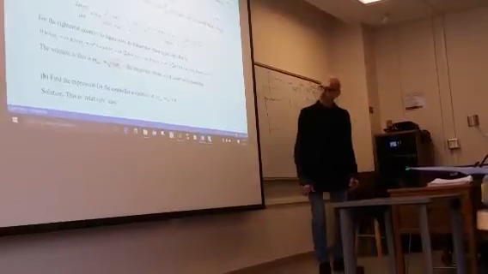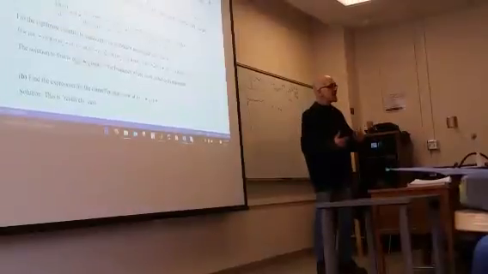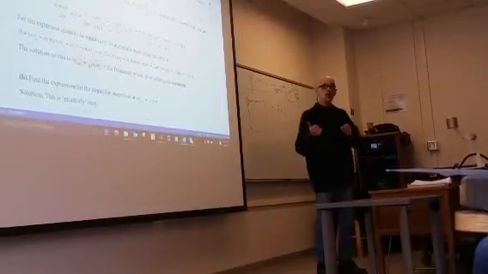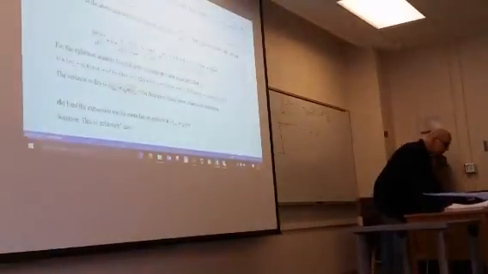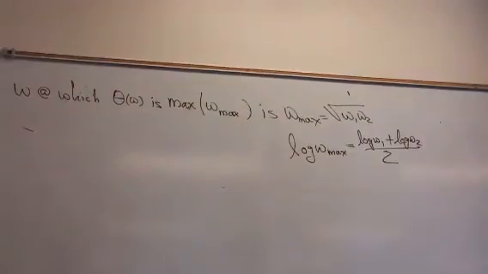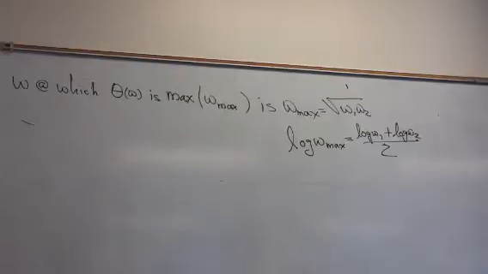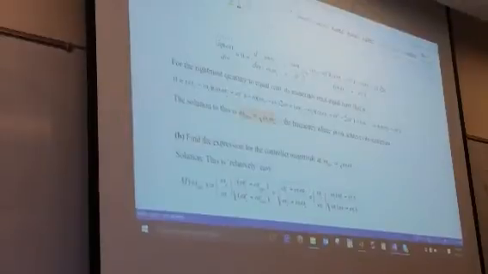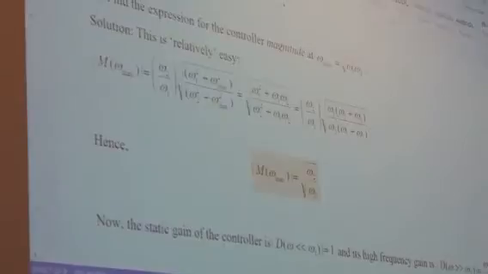All right, so now what we have to do is find the phase at omega max, because that's where the phase is maximum. So you put that omega max back in the formula, and remember, when it says it can be shown, you're in for a trip. When it says it's easy to show, plan on just a couple of pages. So it's easy to show that you get this. This is the magnitude at omega max.